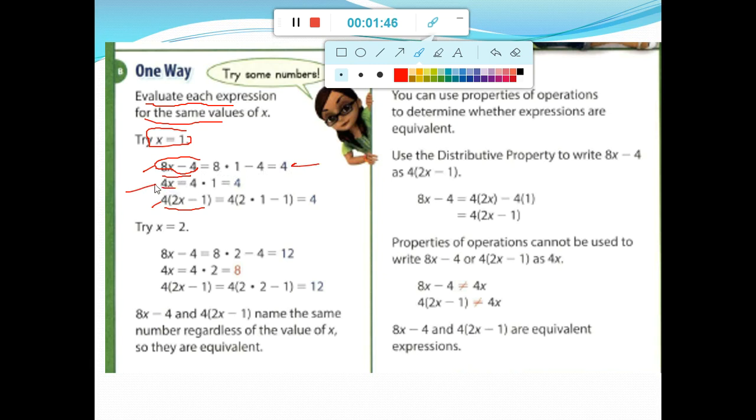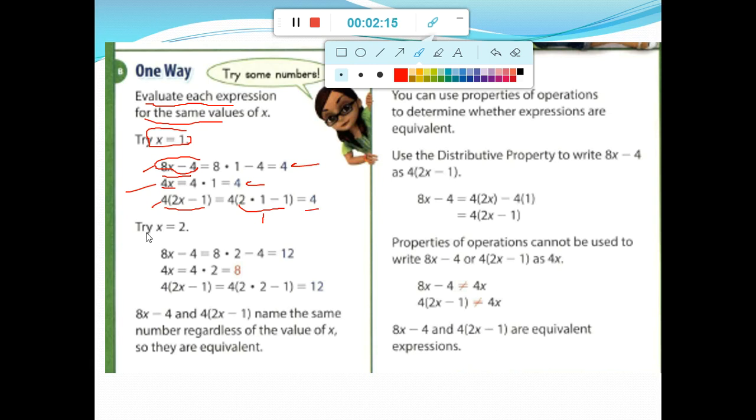In the second one, 4x, 4 multiply 1 equals 4. So until now, they are equivalent. Now, the third one, 4 parentheses 2x minus 1. When x equals 1, 2 multiply 1 equals 2 minus 1 equals 1. So 1 multiply 4 equals 4.